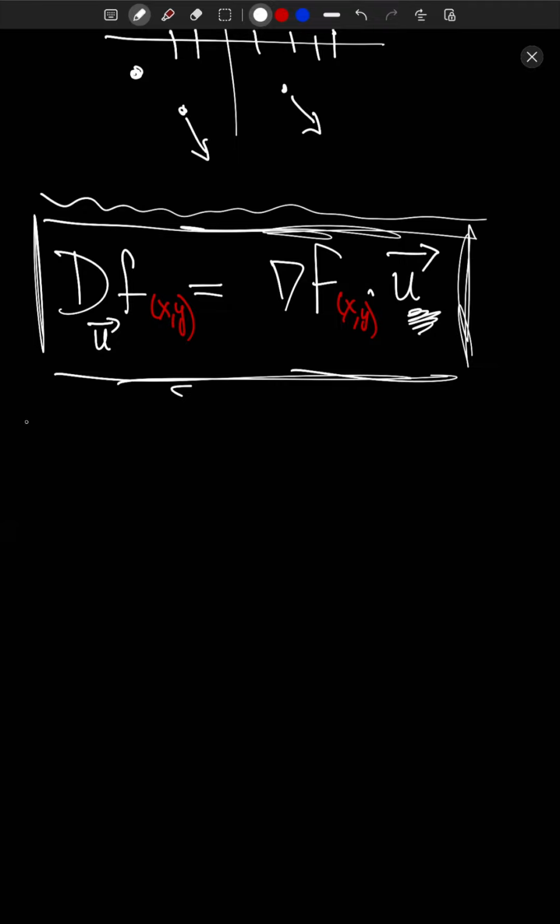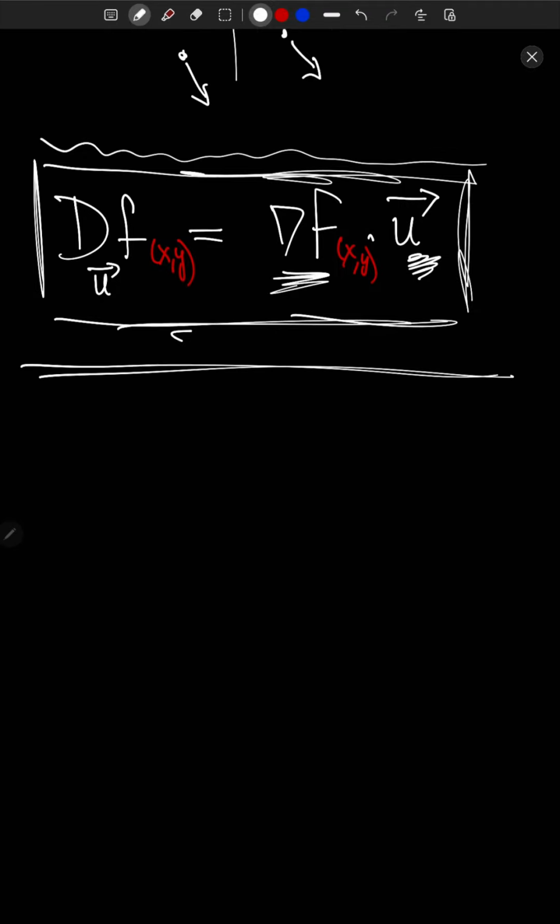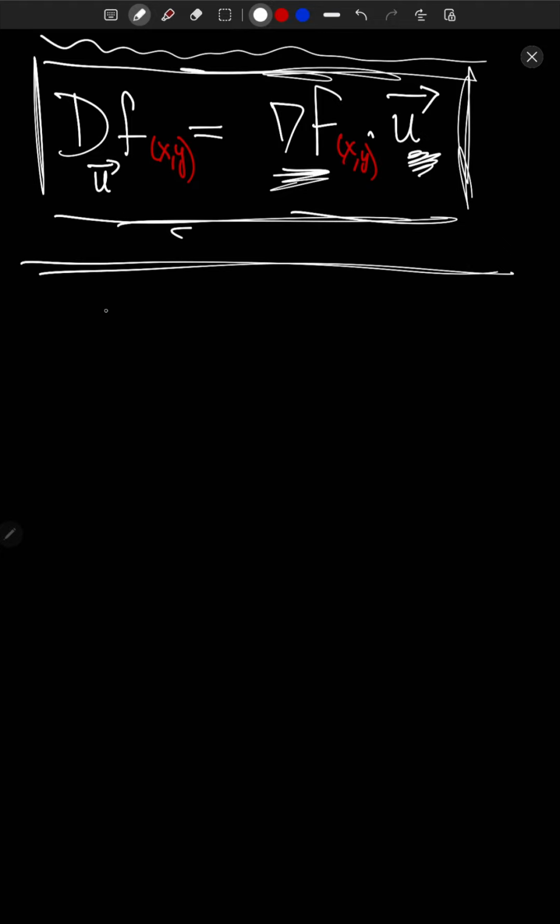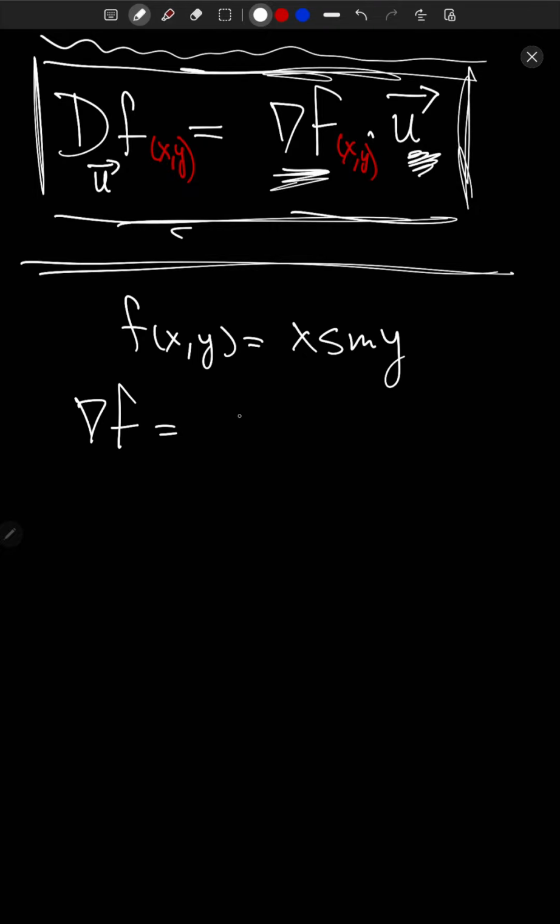Let me do a calculation example, and then we'll talk about this gradient a little more closely. For example, f of x comma y equals x sine y. What's gradient f? Let me write down the definition: df dx i plus df dy j.